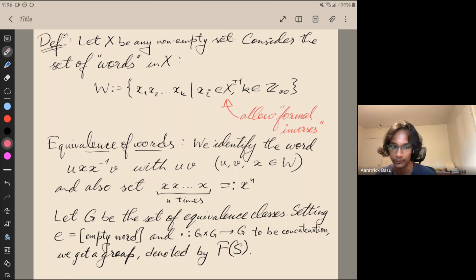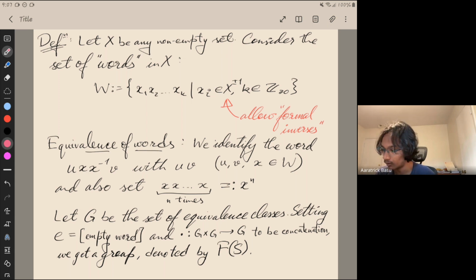Introducing these redundancies, like some phrase and its inverse anywhere in your word consecutively, should not affect your equivalence. That's the equivalence relation. We also introduce some notation. We set X to the power n, for some word X, not necessarily just an element, but any word, to be that word concatenated n times.